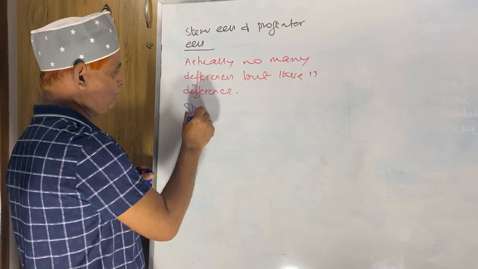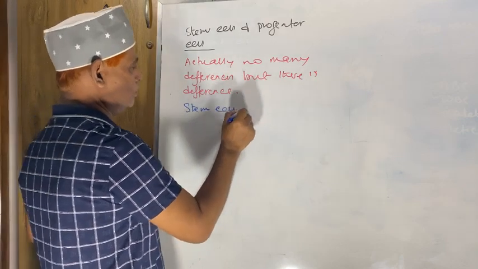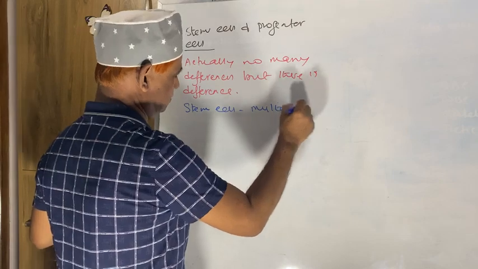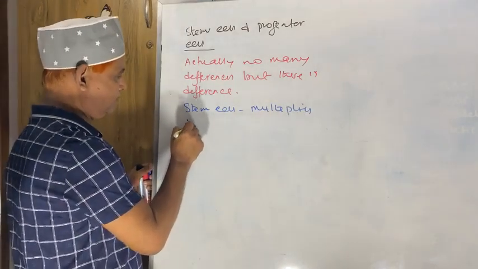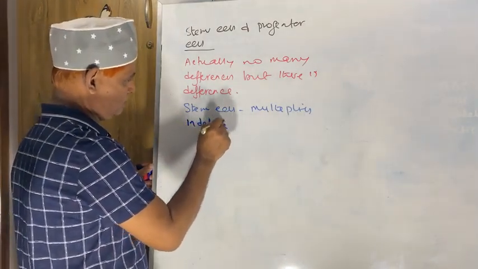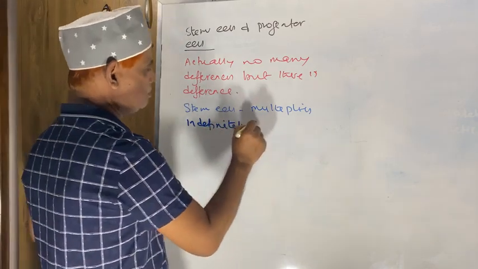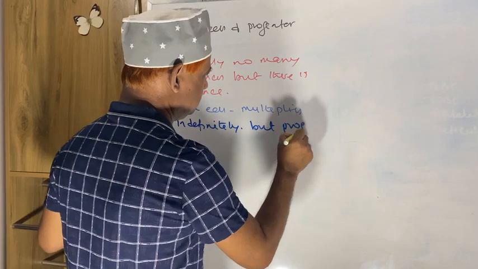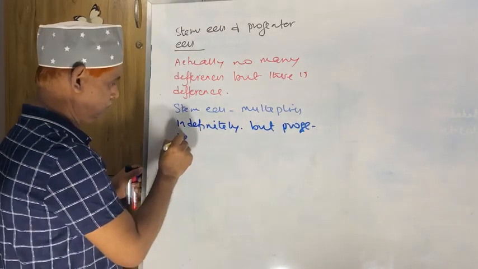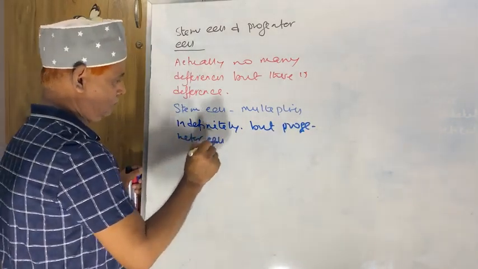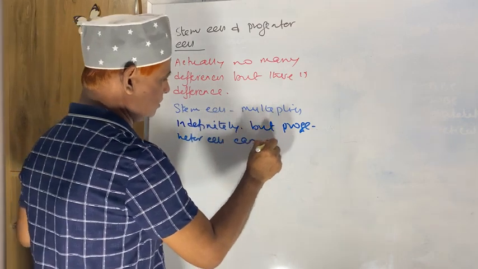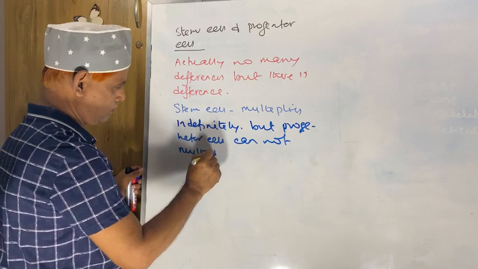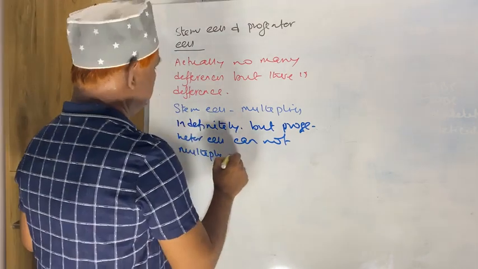Stem cell multiplies indefinitely, but progenitor cell cannot multiply indefinitely.